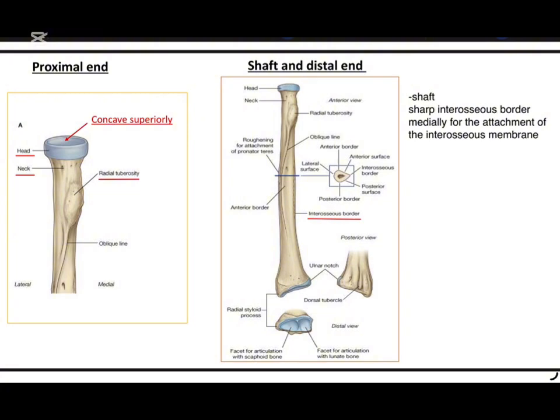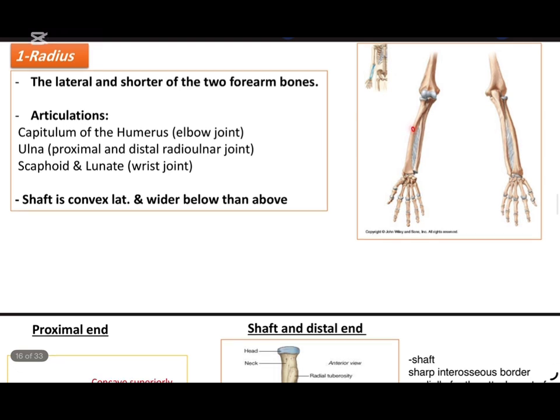Why? Because I have a membrane, as you can see here. It connects the radius with the ulna together. We call this membrane interosseous membrane. So it is a membrane between two bones, so I call it interosseous membrane.